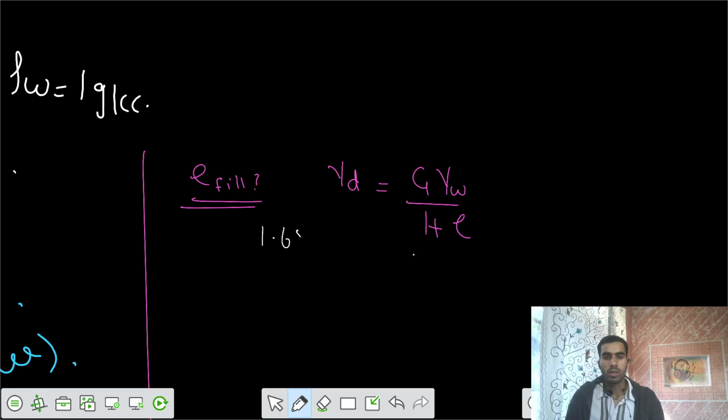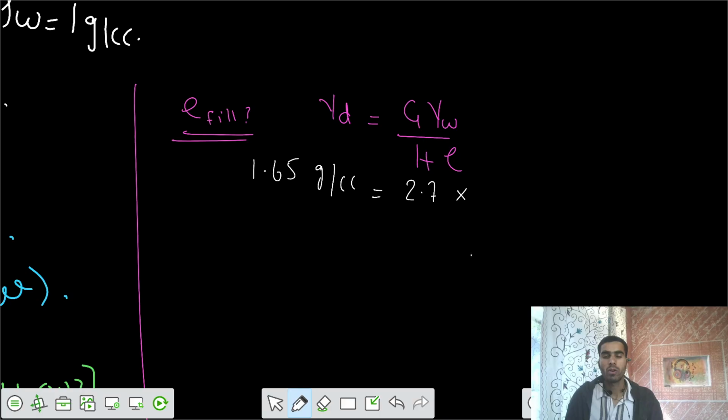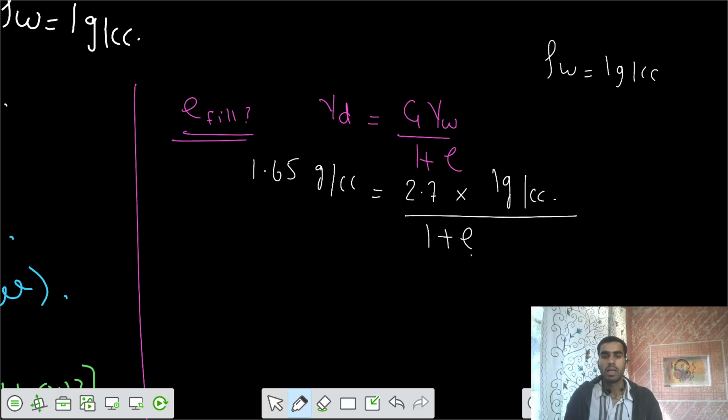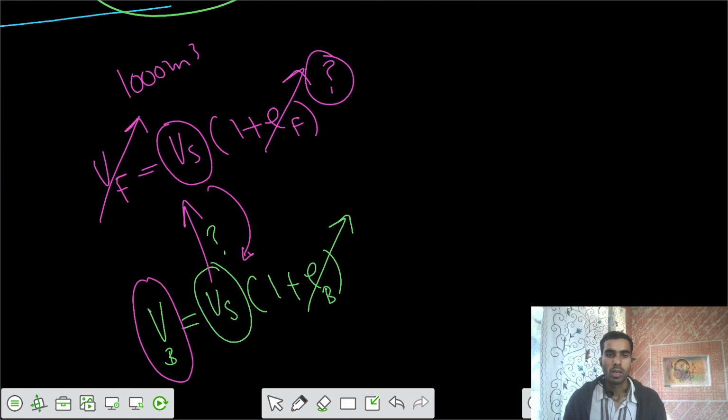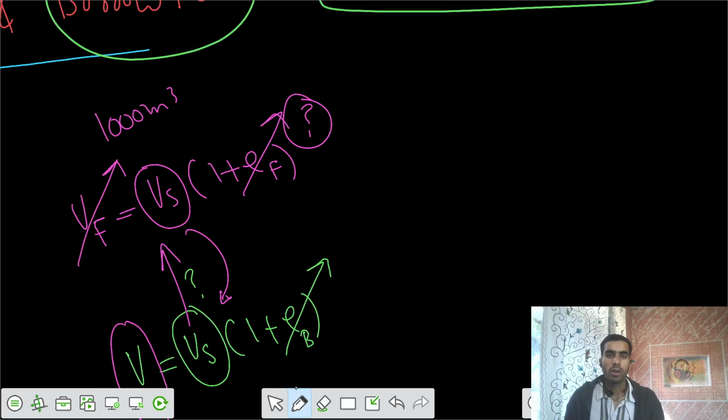I would write 1.65 gram per cc equals the G value of 2.7 into gamma W in terms of rho W, which is 1 gram per cc, divided by 1 plus E, and this E is related to the fill, so 1 plus E fill. So your E fill can be solved, and the void ratio for the fill material is 0.6364. So I got the void ratio. Now that I have the void ratio, I am calculating that equation.